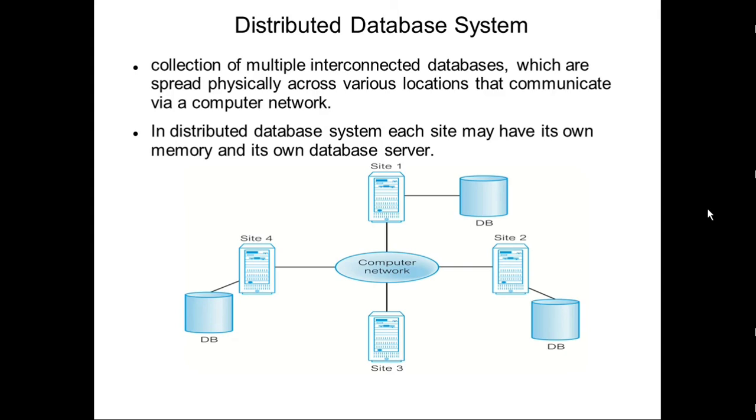In this case, each site has its own memory and its own database server, distributed among the network. For example, see, site 1 has its own database, site 2 has its own database, site 4 has its own database, which are connected via the computer network.